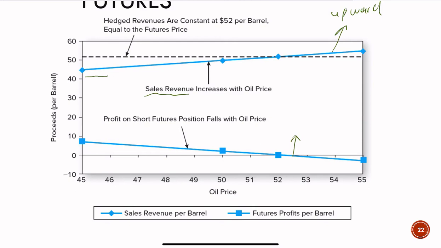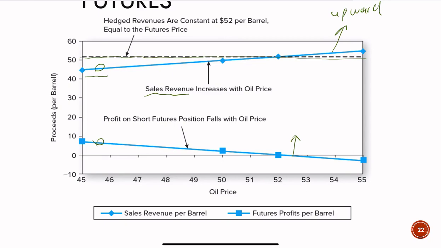So you have a downward sloping line here. The total revenue is essentially the sales revenue from oil and the profit from the futures position, right? If you add up these two lines, the losses and gains will offset each other. So in the end, you will have this dashed black line, which is horizontal, which means the hedged revenues are always constant.